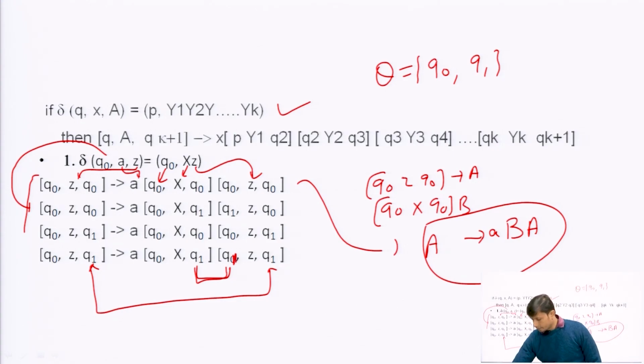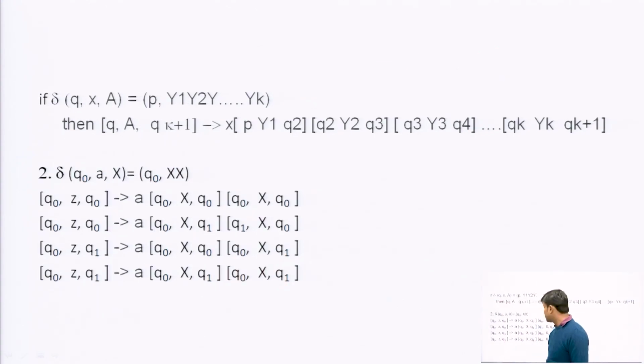Next, this is production 2. Production 2 is saying the same thing: whatever we had z in the previous production, it was z there, but here it is x.